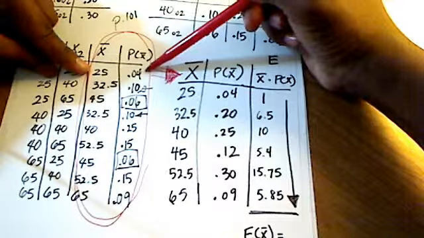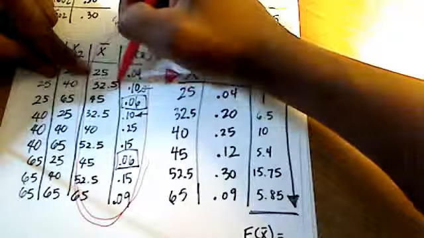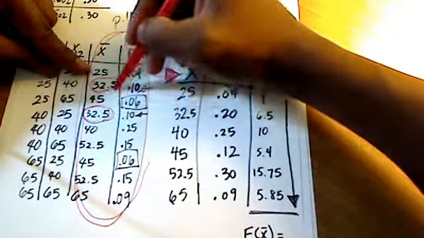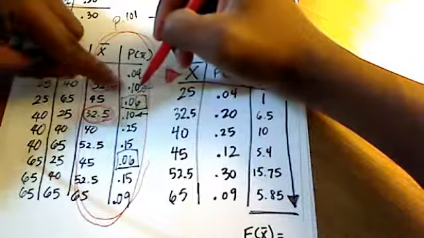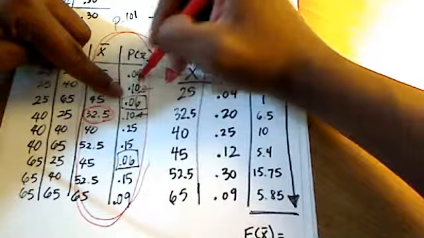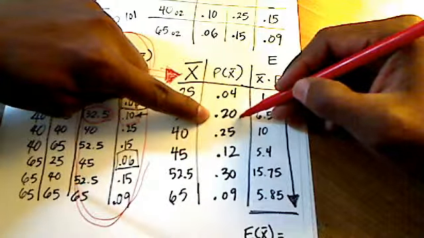So its probability is 0.04, and that's what's showing up here. But look at this, 32.5 showed up here, and it showed up here, right? So it's showing up in two different places, each with a probability of 0.10. So if I add those up, the 0.10 here and the 0.10 here, I'm getting 0.20. You guys see how that works?